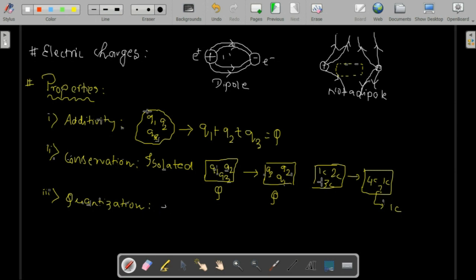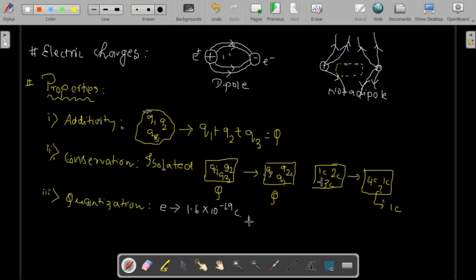If you have an electron, the charge of that electron is 1.6 into 10 to the power minus 19 coulomb. If you think about fundamental charge, that means the minimum charge that can exist in an atom or in a system, the minimum charge is this. You cannot break it down further.